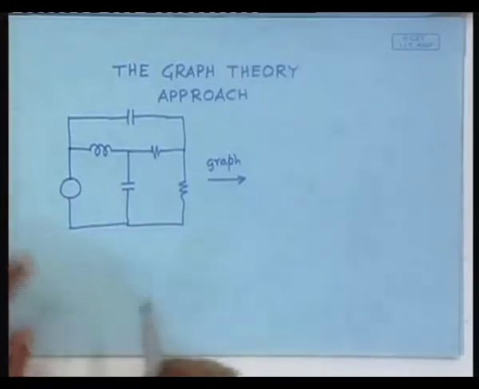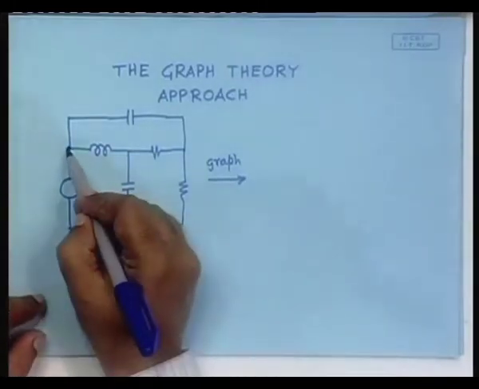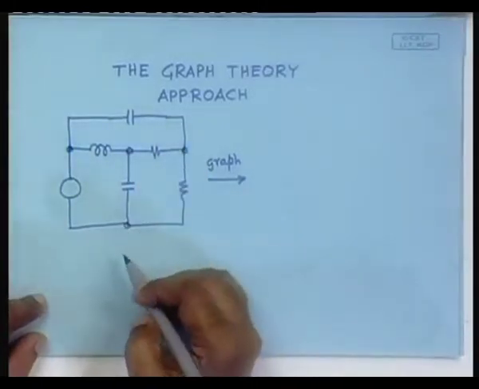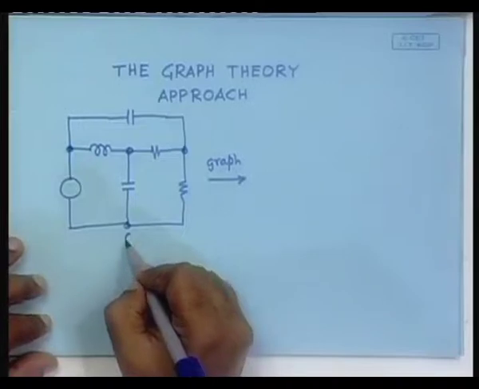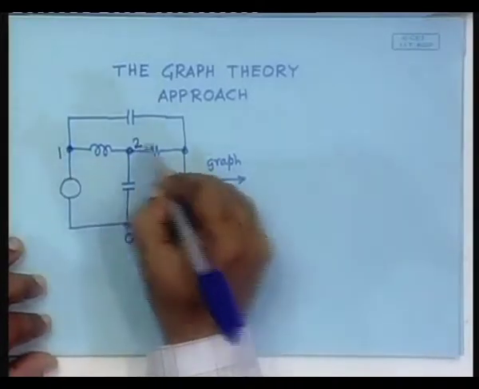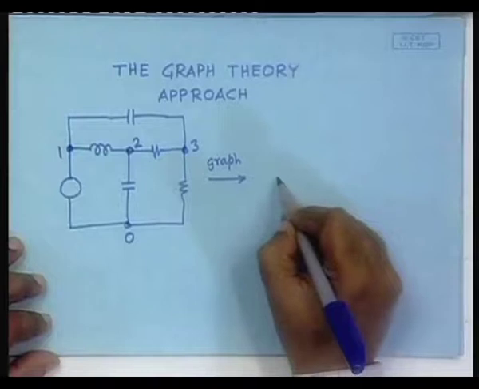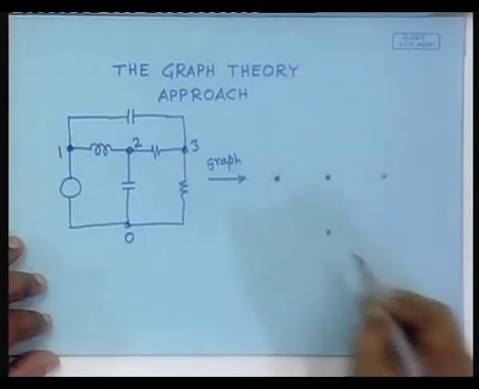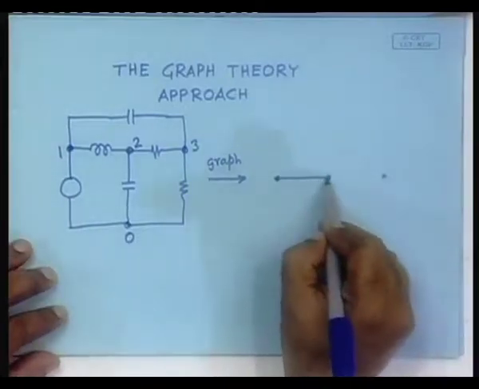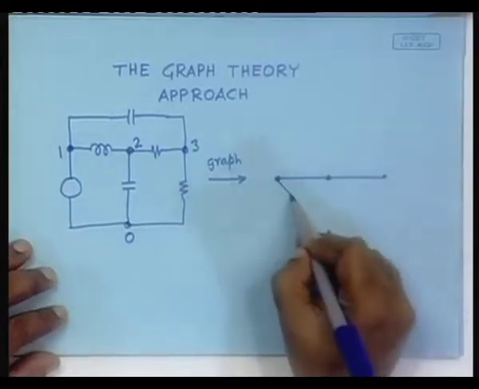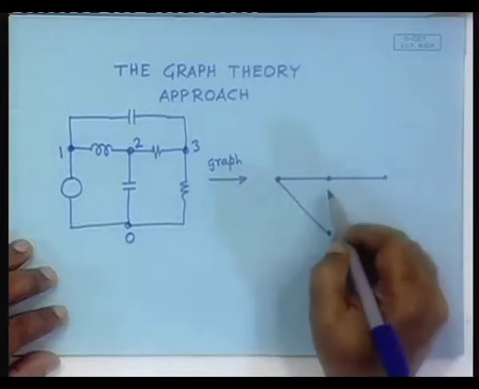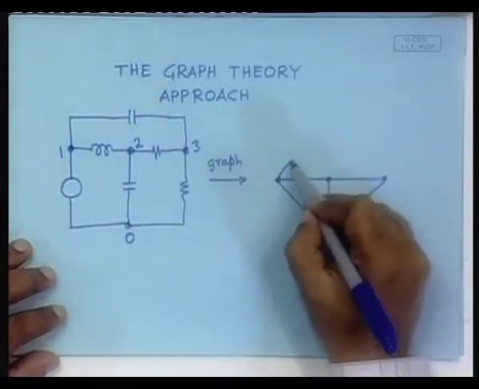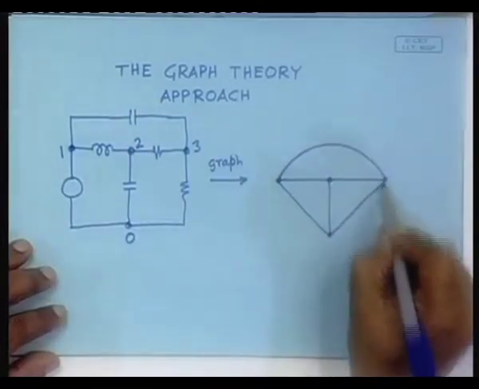The graph will be, how many nodes are there? 1, 2, 3, 4, which we denoted as 0, 1, 2, 3. Here also it will be 1, 2, 3, 0, but in between we will connect simply by lines. And there is another branch, yes. That is it.